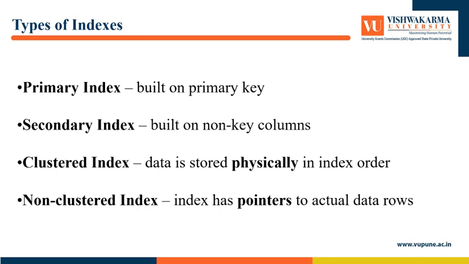So if you are indexed by name, your data rows are also sorted by name. Fourth is a non-clustered index. This one just holds a pointer to the actual data. It doesn't change the way data is stored. So clustered is equal to the physical storage and non-clustered has a map or a direction.